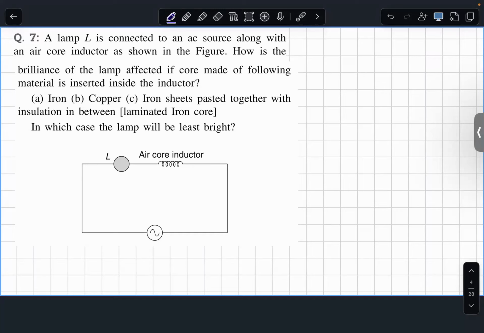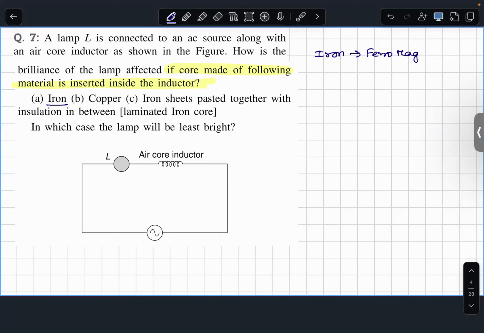And a lamp, just now I taught you this. A lamp L is connected to an AC source along with an air core inductor, as shown in the figure. How is the brilliance of the lamp affected if you are using iron, a good ferromagnetic material?